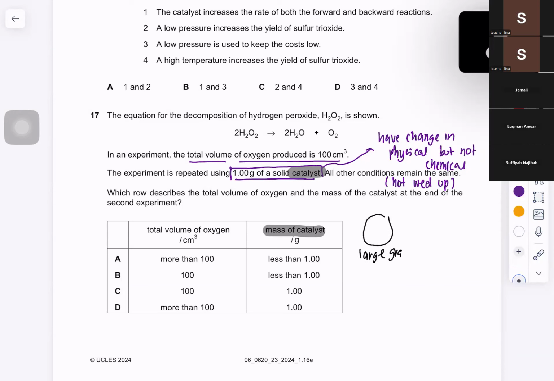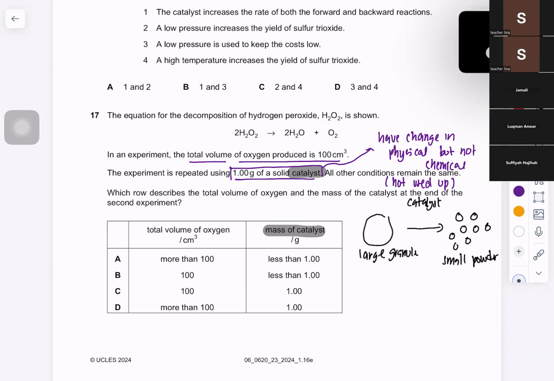It can become a smaller one, maybe a small powder. This is the catalyst. The catalyst can change physically, but chemically, no, because it will not be used up in the experiment.